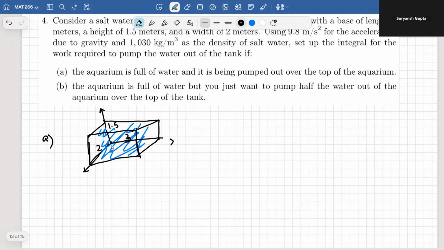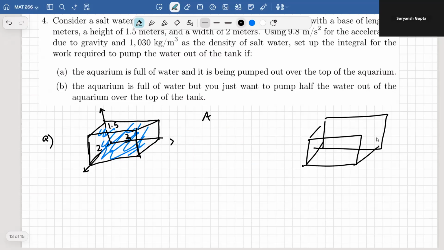So we just need to find out the work done. We are given that g is 9.8 and our density is 1030. We need to find the area of cross section. So if I just draw it here again, just draw this real quick.